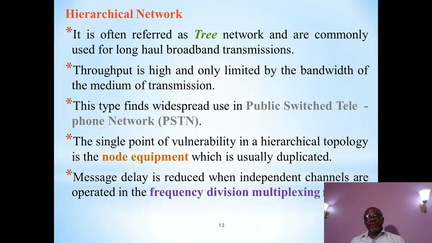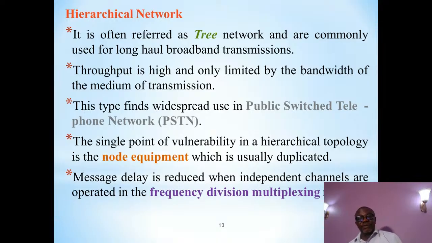The single point of vulnerability in a hierarchical topology is the node equipment, and this is easy to solve by having a duplicate of the node equipment, which we refer to as hot standby.